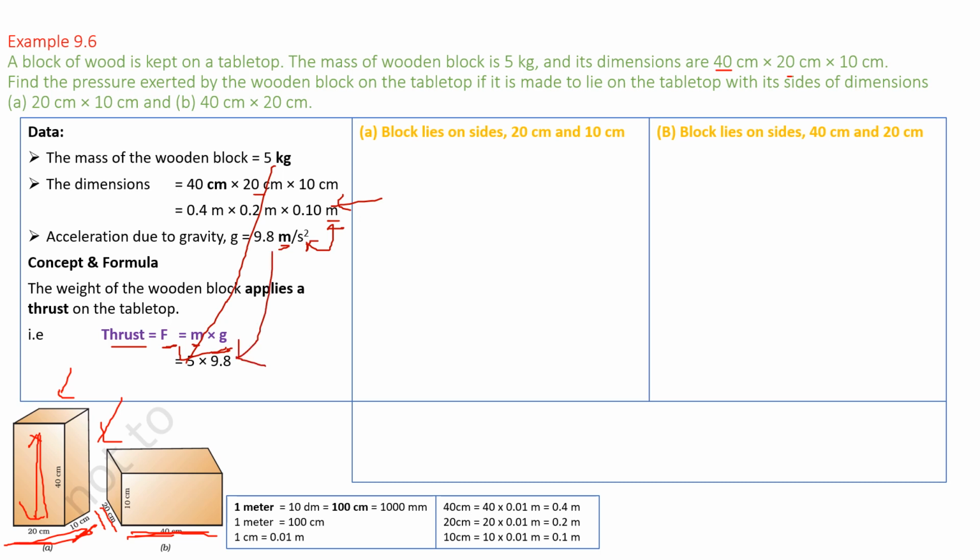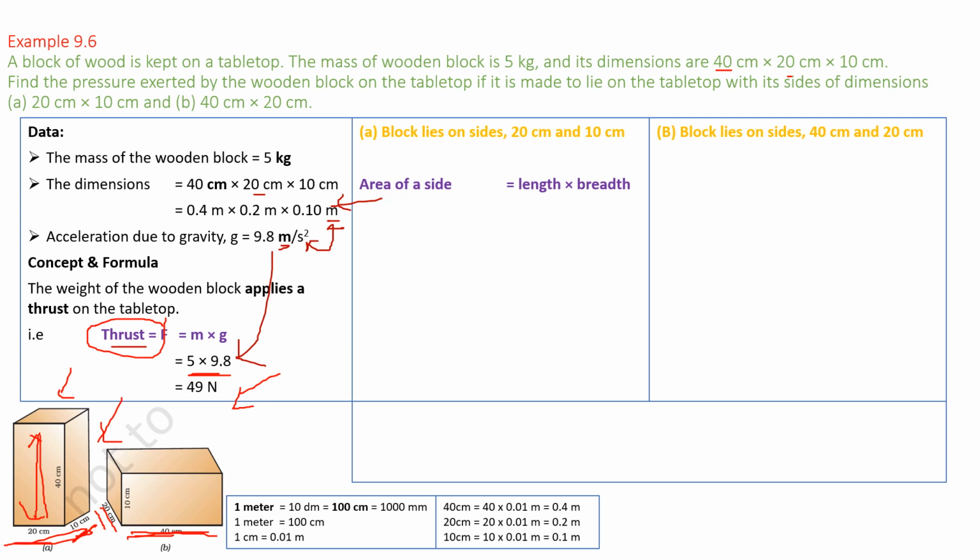So how much is that? 5 into 9.8. How much? 49 newtons. Remember, this is the thrust exerted by the wooden block on the tabletop. Clear, right?